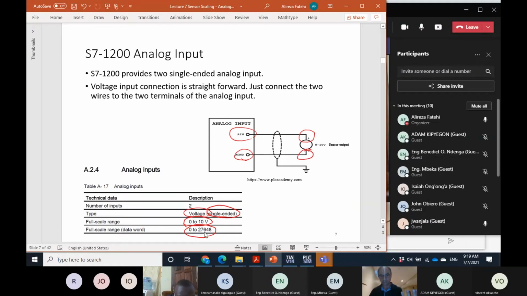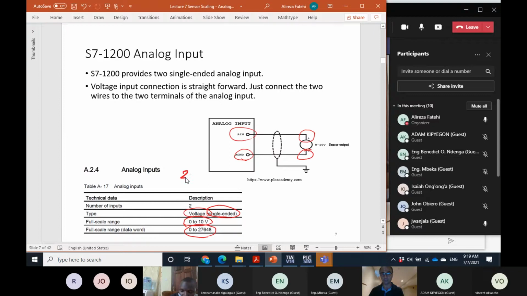If the binary signal is 0, the voltage is 0. And if the binary signal is 27,648, it means that the voltage is 10 volts.